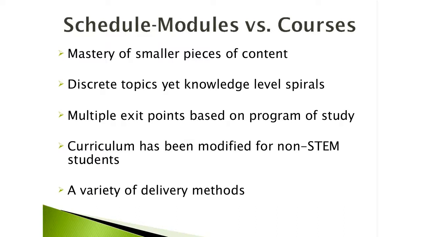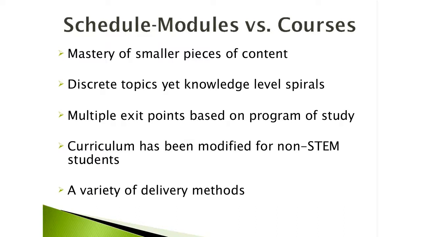As we look at moving from modules to courses, what are some of the big things in terms of schedule that are differences? And one major thing is that mastery now comes in smaller pieces of content.